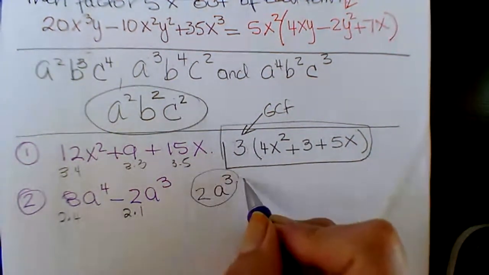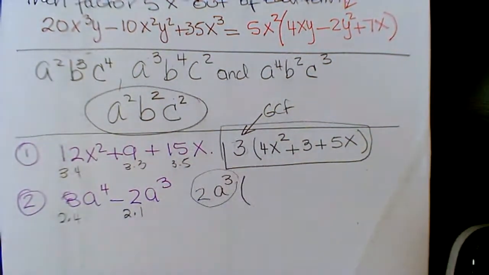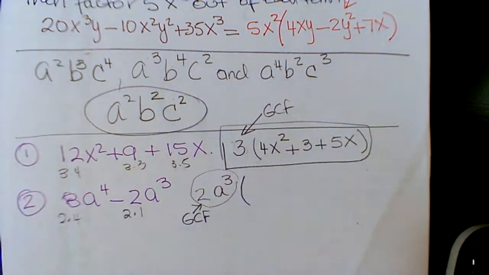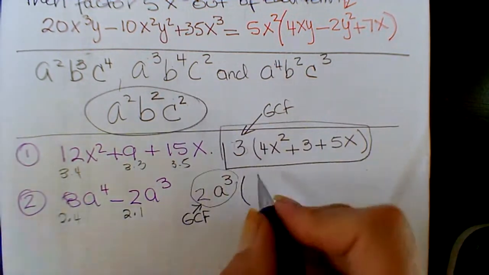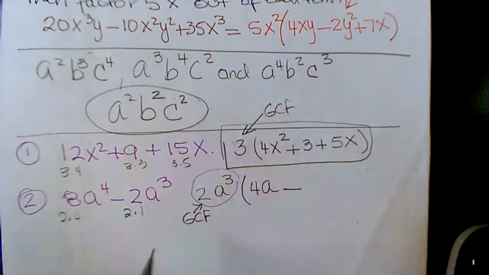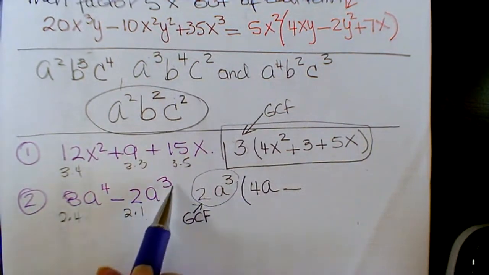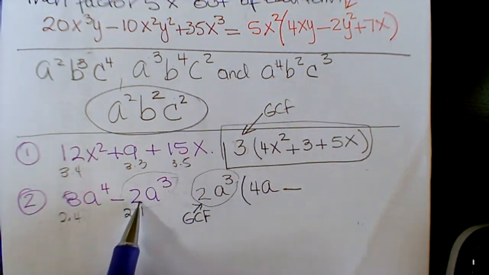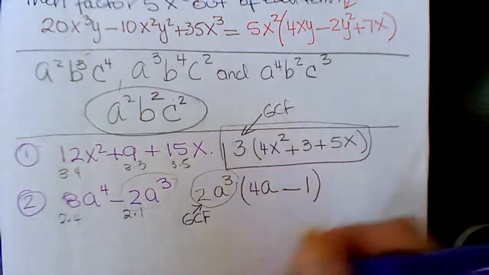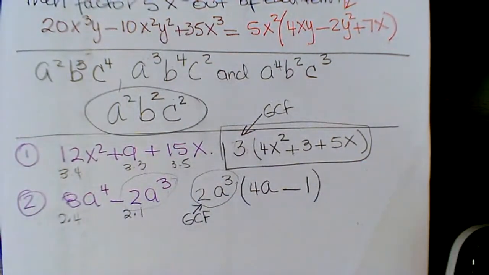This is my greatest common factor. Now I'm going to factor it out. If I take the 2 and a to the third power, I get a 4 and an a out of the first term. And on the second one, I took the whole term. When I take the whole term, what do I write down? A 1. When I don't have anything left, I write down the 1.